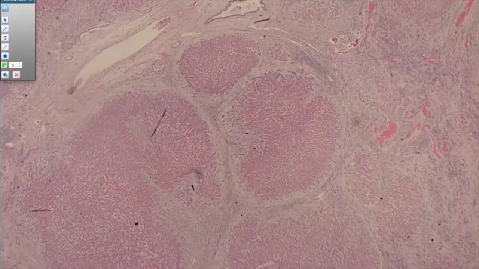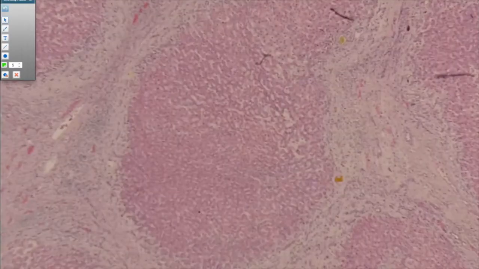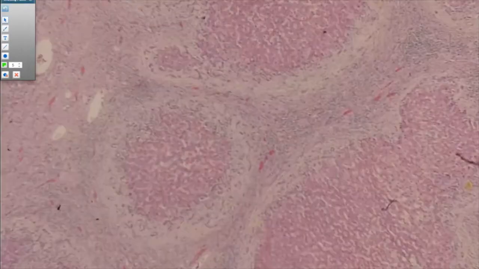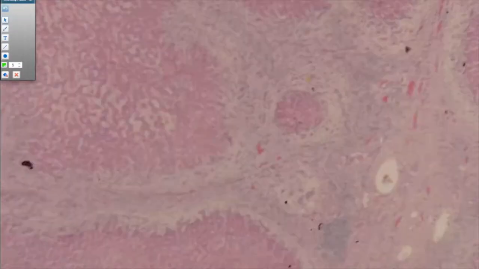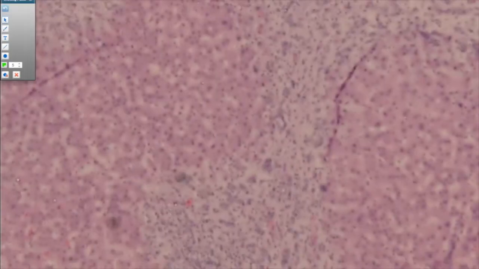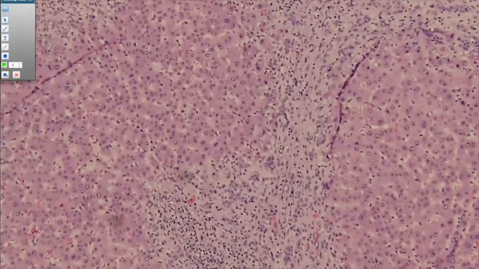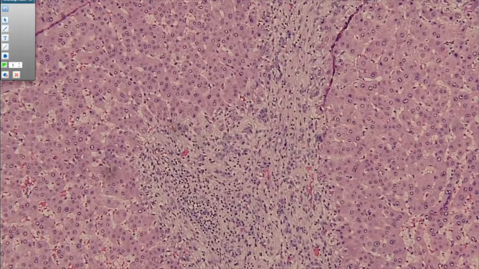So look around, and if there is no bile duct, particularly small bile ducts, which are specifically affected in PBC patients, you don't see any good bile duct here. So that's why we can tell this is most likely cholestatic cirrhosis.